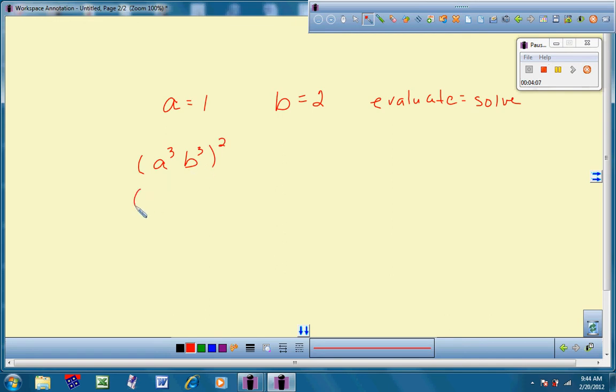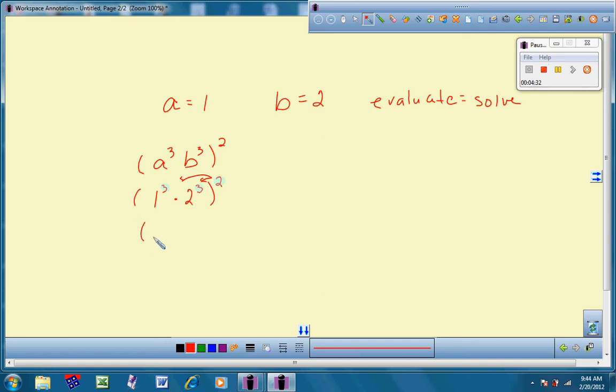Let's go ahead and replace the variables with the values that we know of. We know a is 1, so that would be 1 cubed, times b, which is 2 cubed, that is squared. Look at your exponents. We see that we have a power to power, so we are going to multiply those exponents. 2 times 3 and 2 times 3.